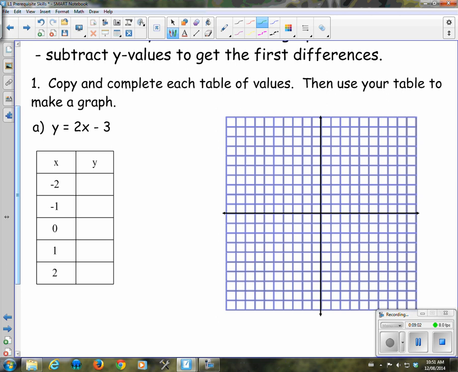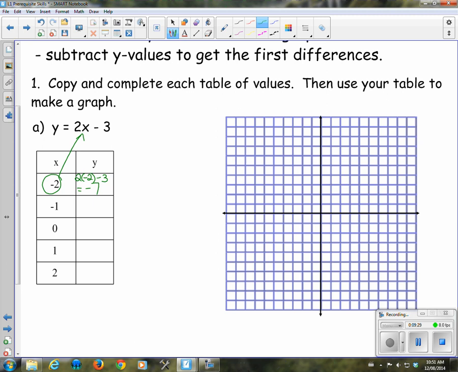So if I have a negative 2, all it's asking me to do is take out x and put in negative 2. So I would have 2 times negative 2 minus 3. And then remembering BEDMAS, I calculate an answer. So I do my multiplying first. 2 times negative 2 is negative 4. And then I subtract. Negative 4 take away 3 is negative 7.